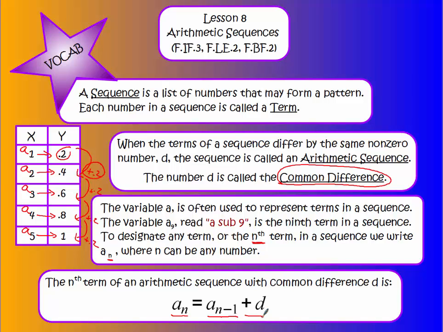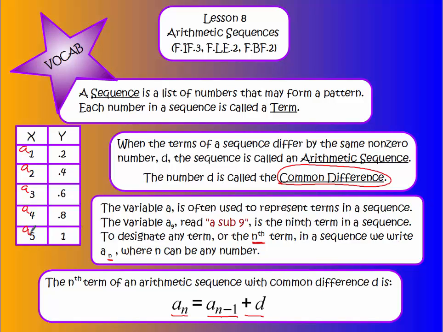Let's look over at our table. Let me erase some of this stuff here. So what does that mean? A sub n. Well, let's pick the third term. How about this one? A sub 3. Let me put those a's back on here.